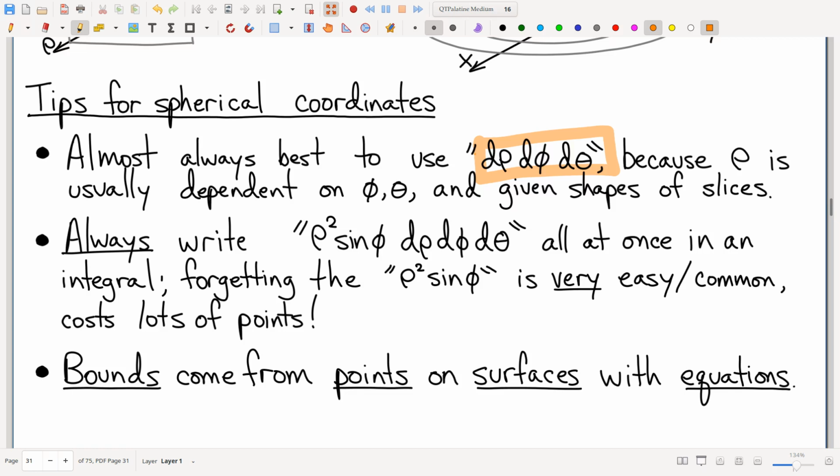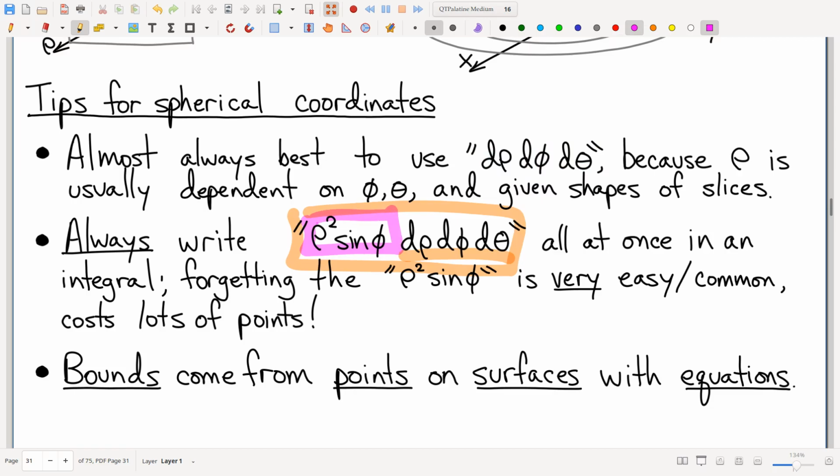I could get into smart alecky mode and construct examples where this is a bad choice, but it's unnatural and weird and hard and nothing you should worry about. So always do them in that order, and in addition, always write your stretching factor as you write down your differentials.